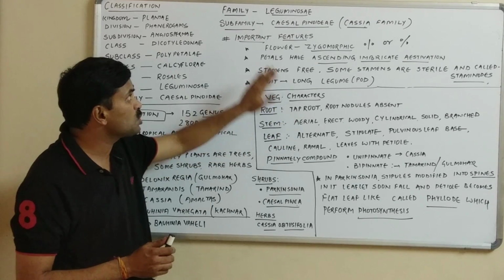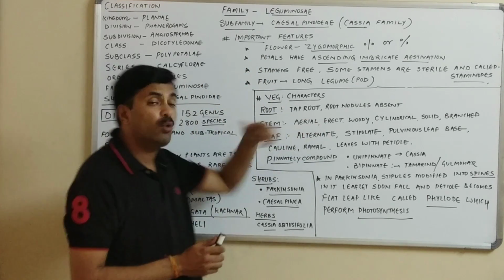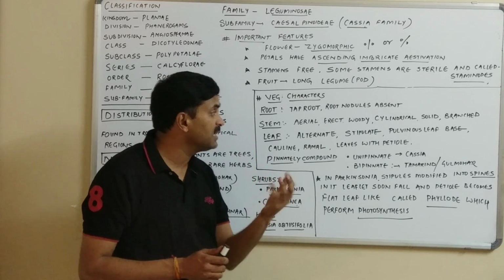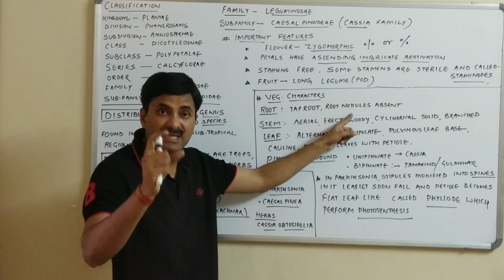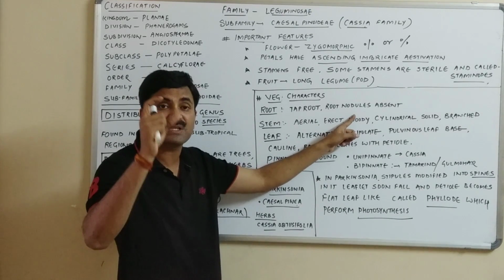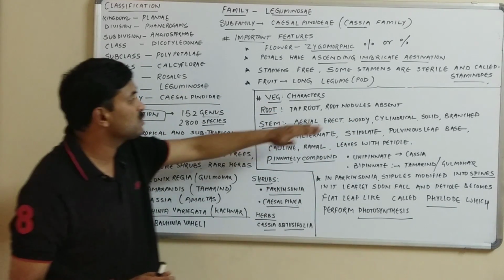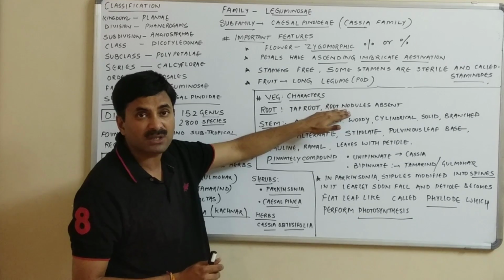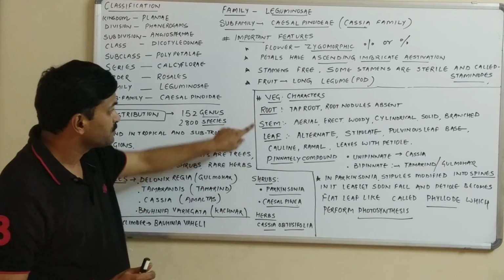But this belongs to the Leguminosae family, so it's not necessary that all the plants of the Leguminosae family will have root nodules. In the Papilionaceae family, you have seen that the roots had nodules in which the nitrogen fixing bacteria Rhizobium was found, but here in the maximum members root nodules are not found, meaning they are not responsible for nitrogen fixation.